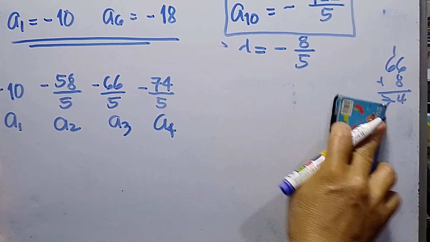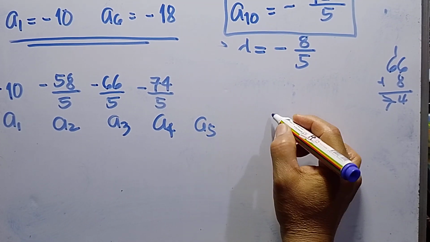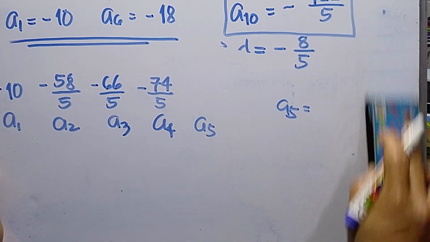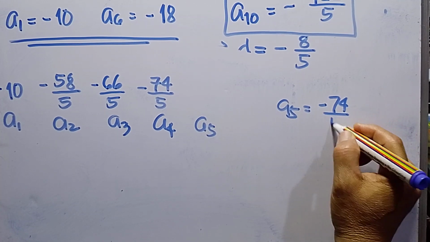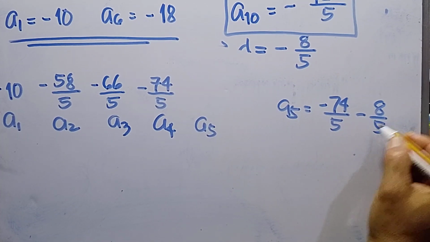Now let's proceed to A sub 5. A sub 5 is equal to negative 74 over 5 minus the difference 8 over 5.